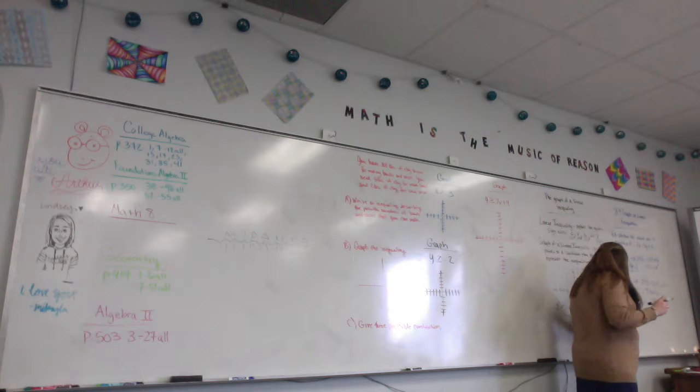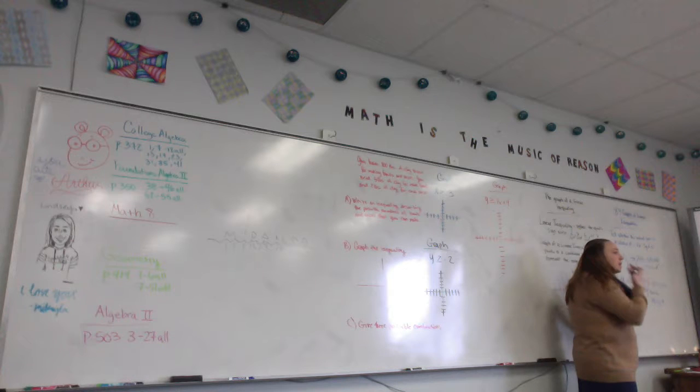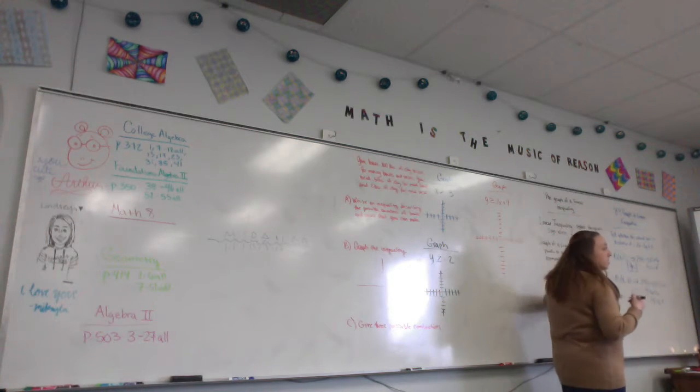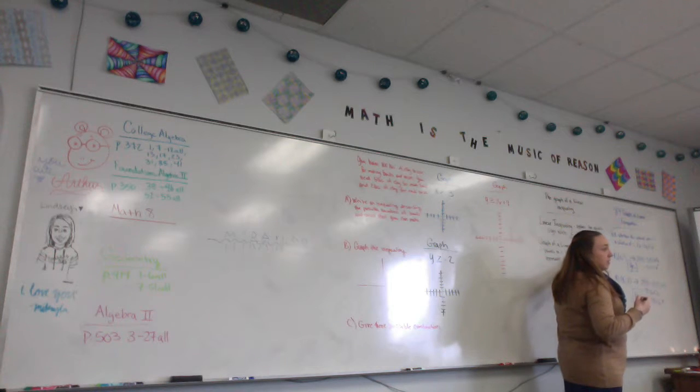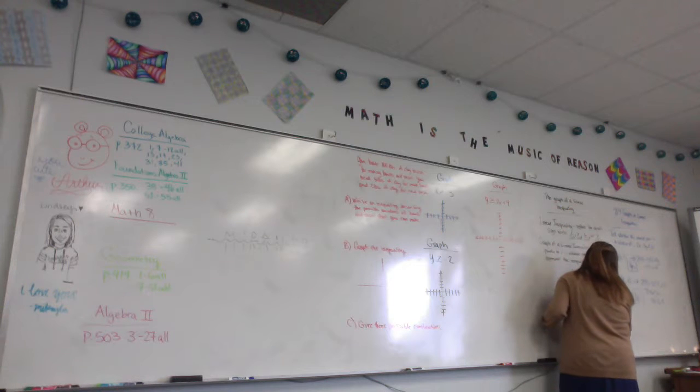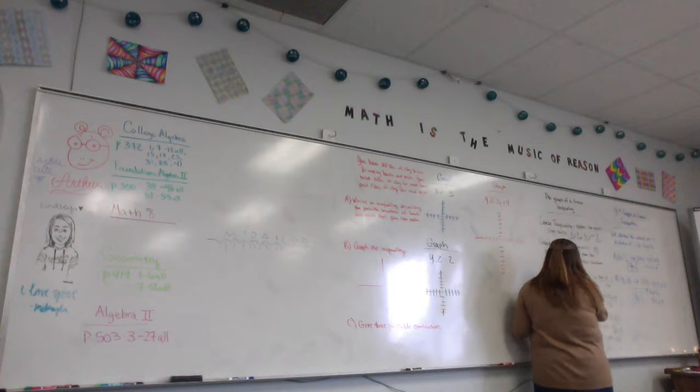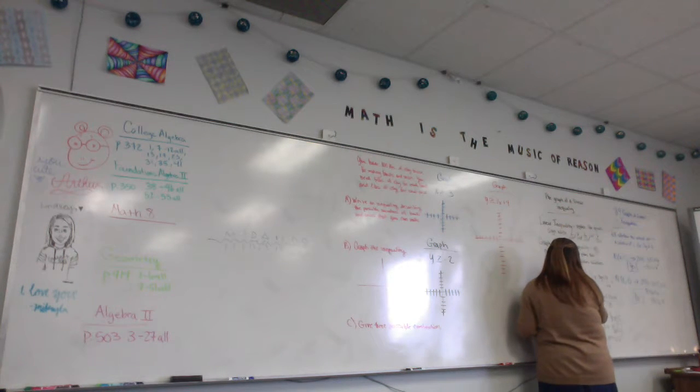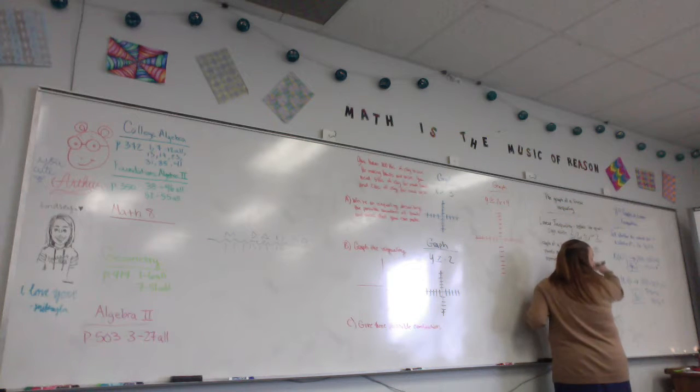So I get 0 is greater than negative 2. Is that a true statement? Yes. So if it's true, you shade where (0, 0) is. Do you see (0, 0) is right here? So I'm shading everything on this side of the line.